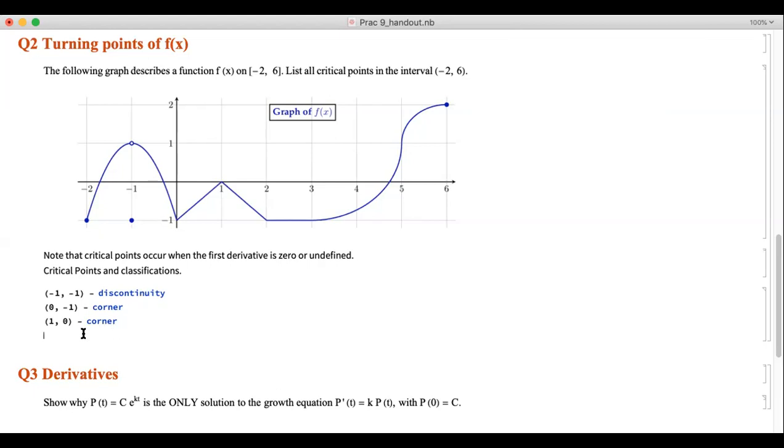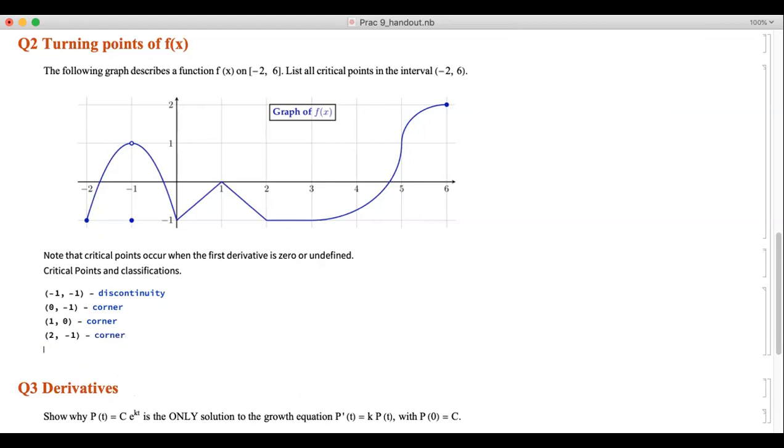2, -1. Okay. 2, -1. Is the derivative defined or undefined? Undefined, yeah. Anything else? 5, 0? Are you sure it's 5, 0? 5, 1, yeah.